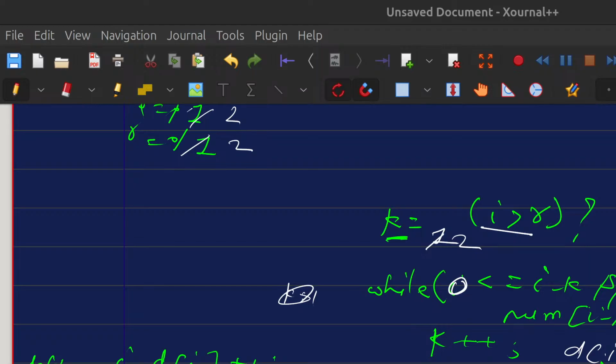Alright, then we find left and right also. If k is greater than 0, window size is greater than this, then left is equal to I minus k and right is equal to I plus k minus 1, right? And answer is equal to max of answer, comma, then sum of left comma right.